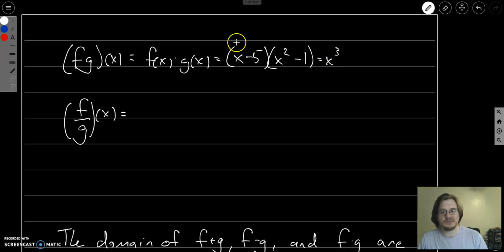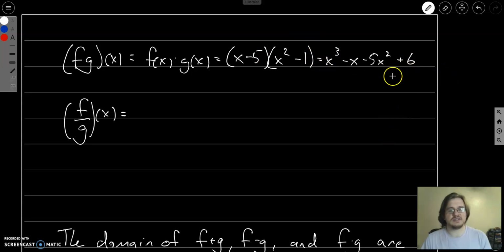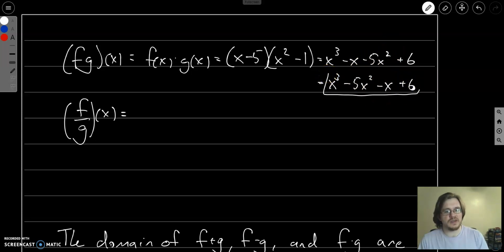The outside terms, x times negative 1. The inside terms, negative 5 times x squared. And the last two terms. And to put this into standard form, I'll just write them in decreasing order. So we'll have the x to the third term, the x squared term, the x term, and then the constant term, just to make it look nice. So again, we can multiply functions and come up with new functions.